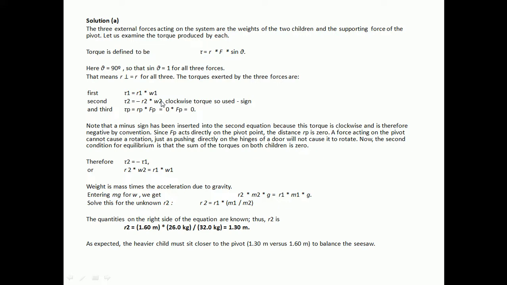Because the second child, the big girl, is moving things in the clockwise direction, we put a minus sign; anti-clockwise, as we discussed in the last lecture, will be plus, and clockwise will be minus. The third is the force over here with the pivot.